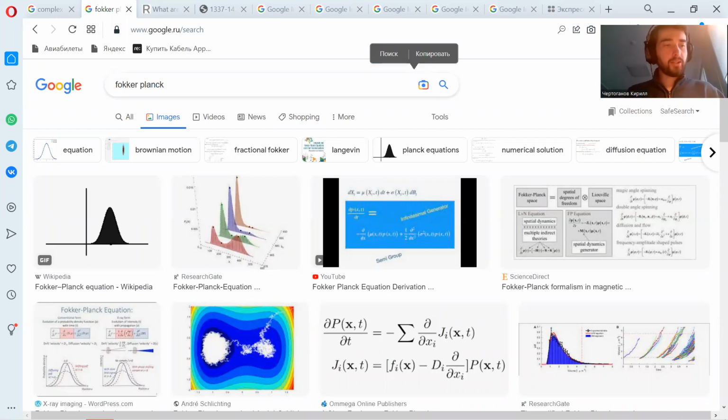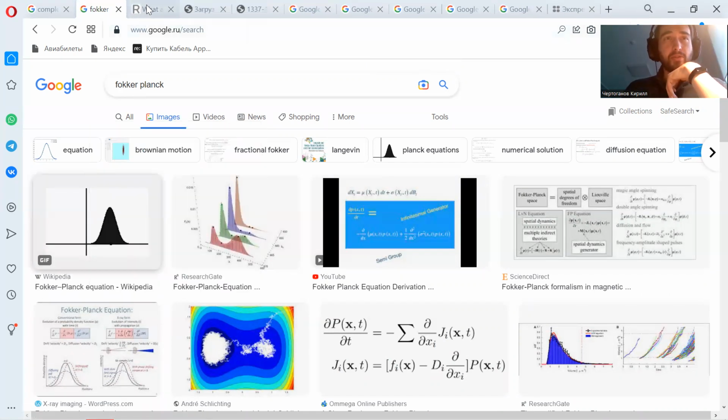Today I would like to talk about nonlinear Fokker Planck equations and their applications. According to the picture you can see on the screen, you can see a probability density distribution.